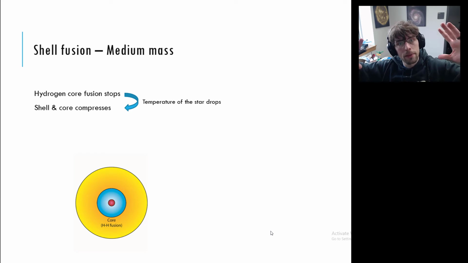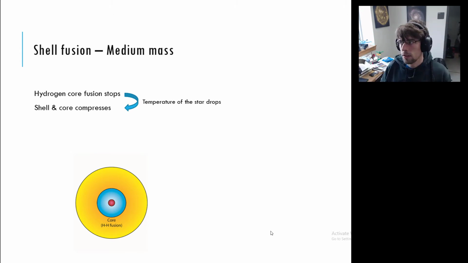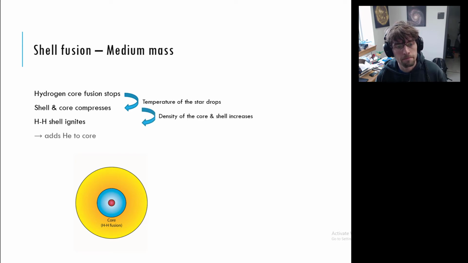Because the star is compressing, gravitational collapse of the star, the temperature will slowly increase. And now here's the cool thing. A shell of fuel surrounding the core is able to ignite. So we have the hydrogen-hydrogen shell fusion take over. The hydrogen that is involved in the fusion process has to work really hard.